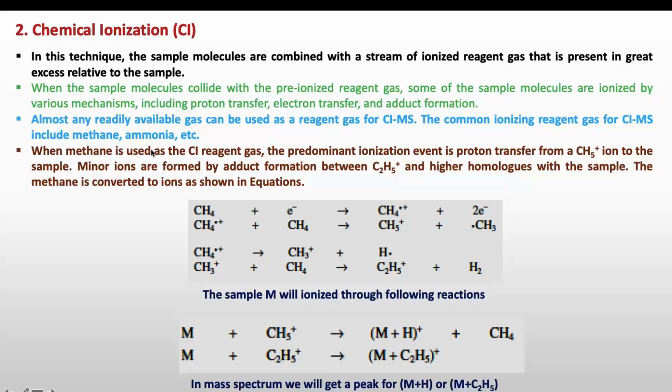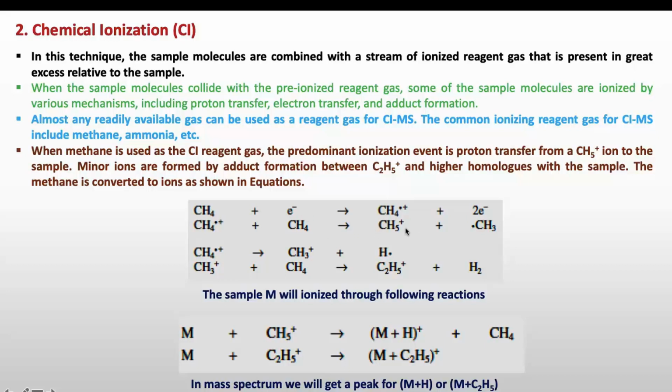When methane is used in the chemical ionization chamber, the predominant ionization event is proton transfer from a CH5+ ion to the sample. So let's see how this CH5+ forms. First, methane absorbs an electron and is converted to the CH4 radical cation. Now this radical cation will collide with another molecule of methane and convert it to CH5+.